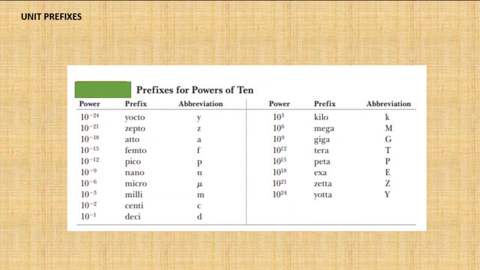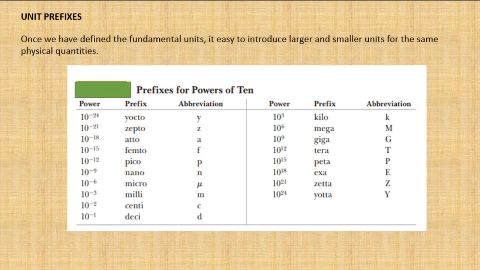So units. Unit prefixes. Once we have defined the fundamental units, it's easy to introduce larger and smaller units for the same physical quantities. So, for the calculation, nga ma-encounter nato pohon for the problem in a higher subject ba and other subject kang related with the engineering.